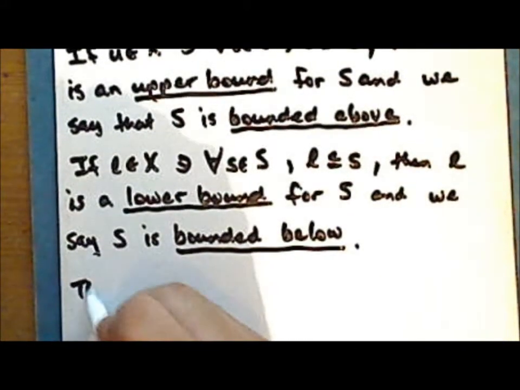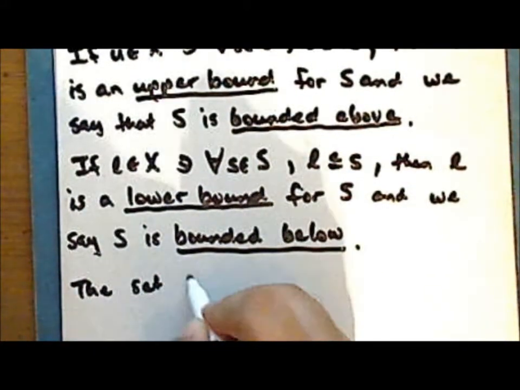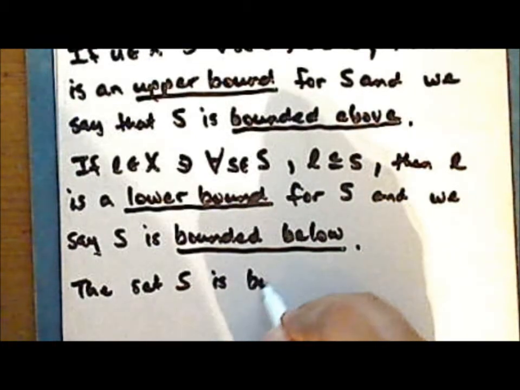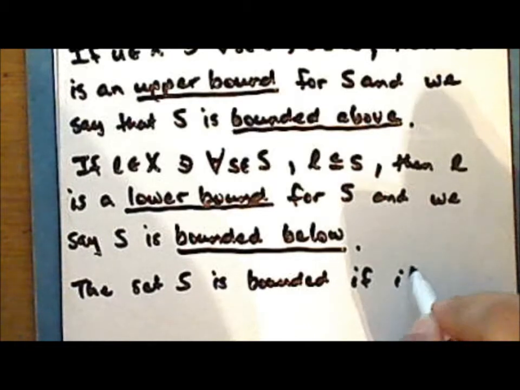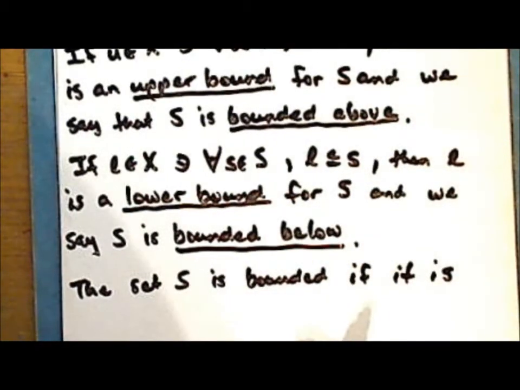The set S is bounded if it is both bounded above and bounded below.